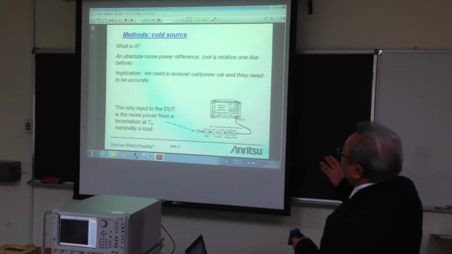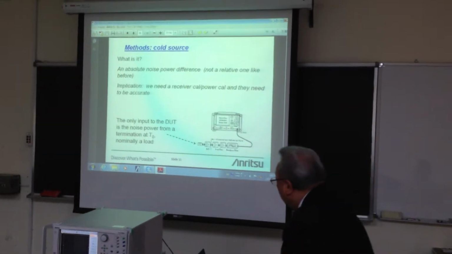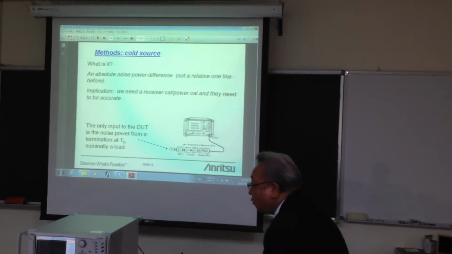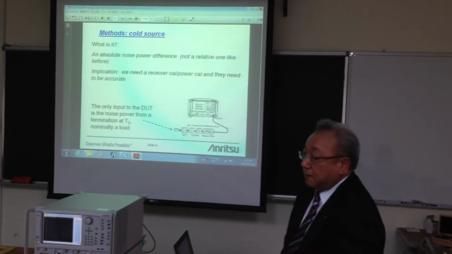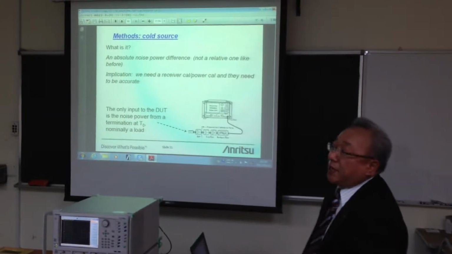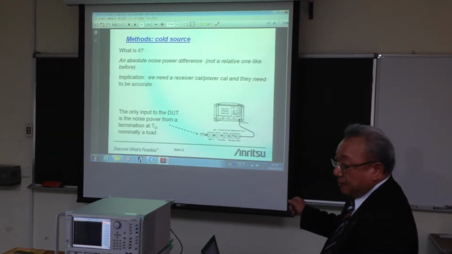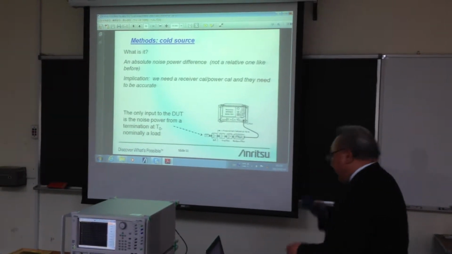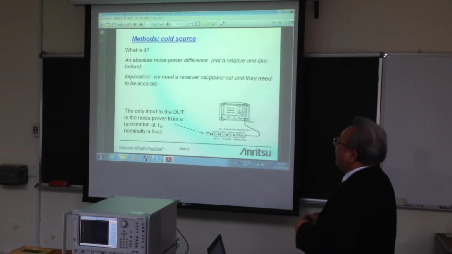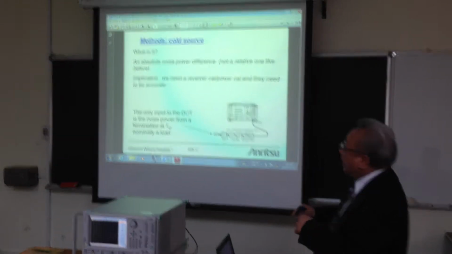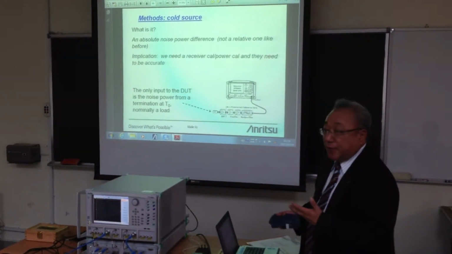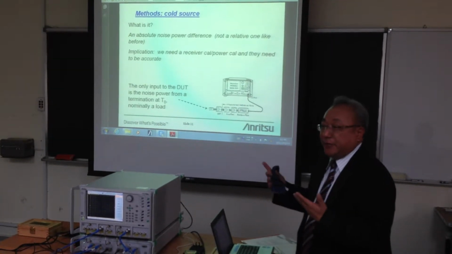But for this method, we need what we call a composite receiver. So outside of it, a preamplifier and a filter are needed. This filter rejects illegal signals like spurious from the local generator.